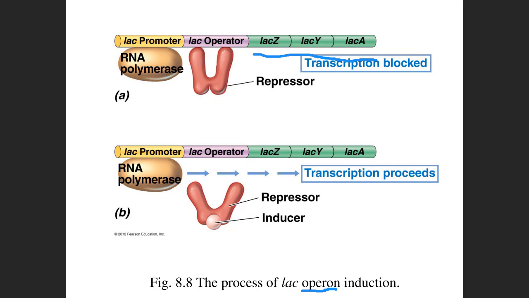Okay, so you have the repressor, and that keeps it off. In this case, the repressor binds to the operator and physically blocks RNA polymerase from moving forward, from transcribing.